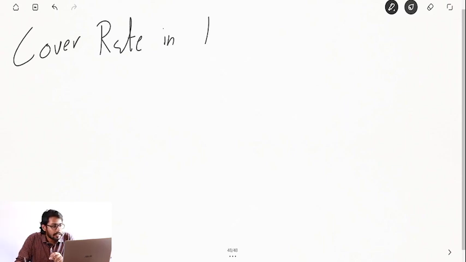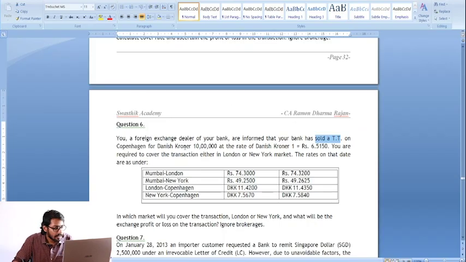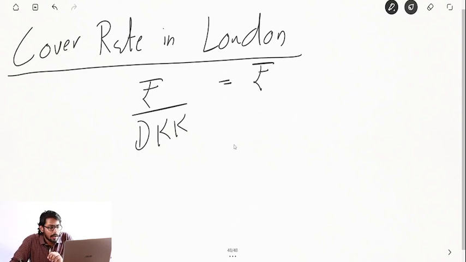Cover rate in London, rupee by DKK. The rate given in the question is 1 DKK is rupee 6.1510. So rupee by DKK is equal to rupee by pound into pound by DKK.